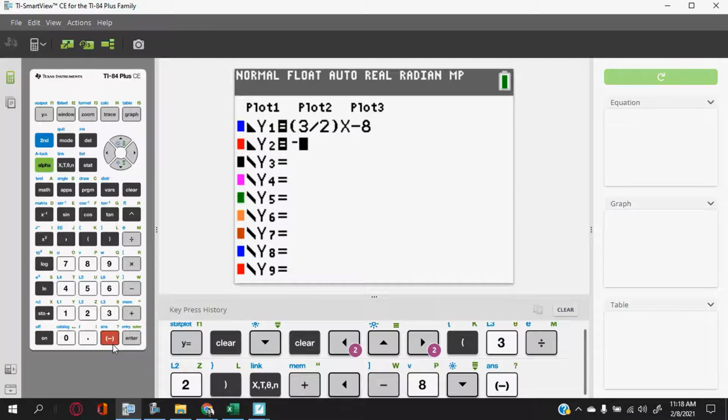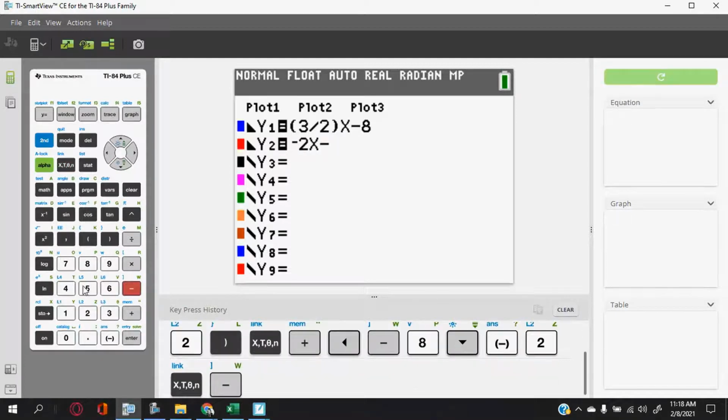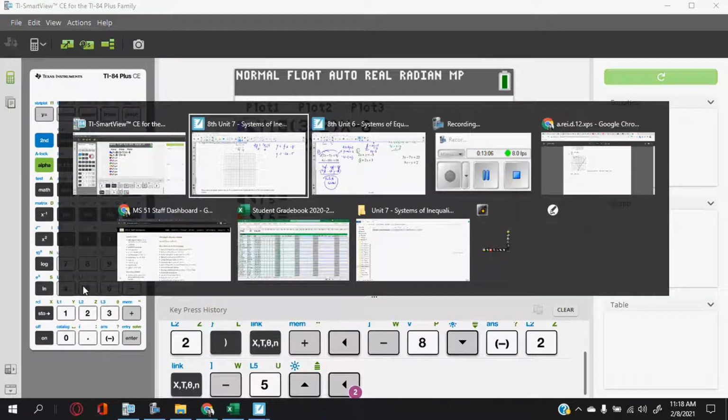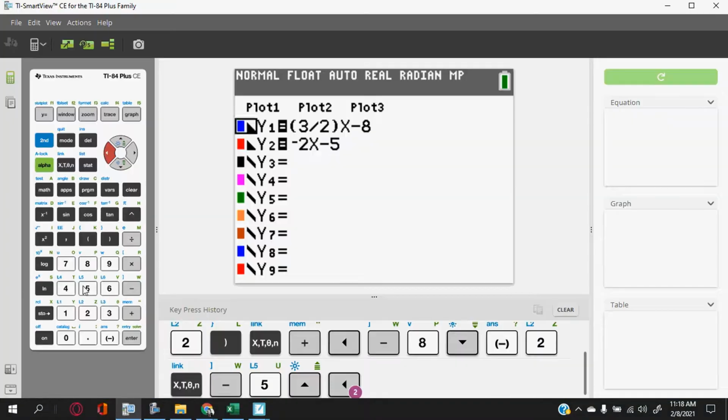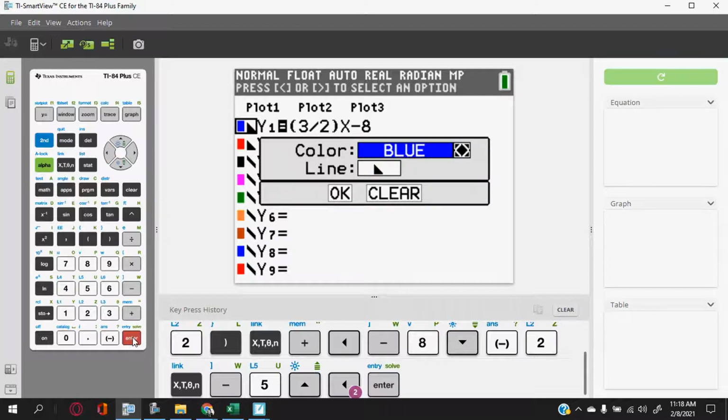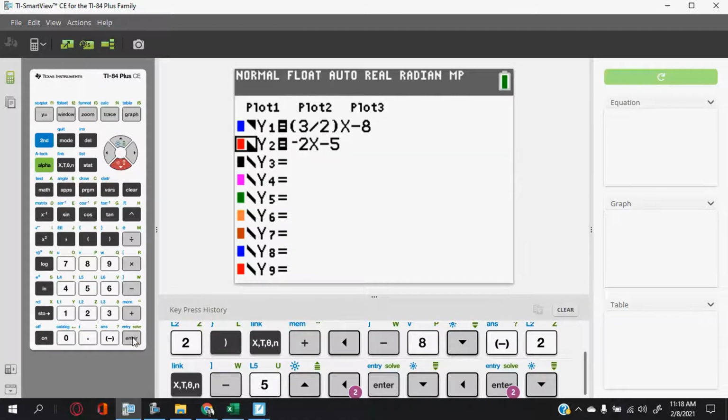And the second one is negative 2x minus 5. I have to be careful with the symbols. Negative 2x minus 5. And what I'm going to do is change the greater than, less than. One is greater than or equal to, the other is greater than. Okay, sure. Greater than. The next one's greater than.